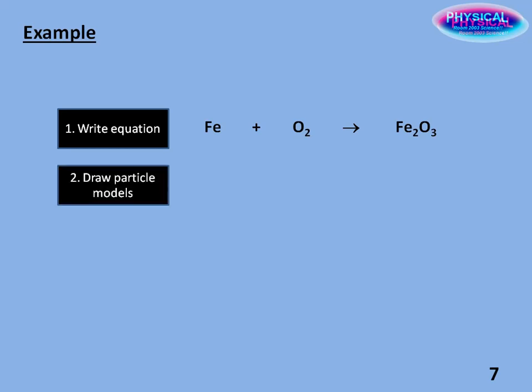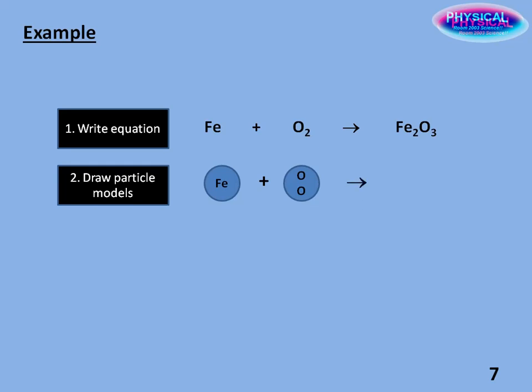So number 2, we're going to draw particle models. Well, Fe, iron, is just a single atom in the particle, so I put the symbol within a particle outline. O2, however, is 2 oxygen atoms within the particle, so I split that apart so that I can count that up and compare from side to side, and the O2 particle looks like that.